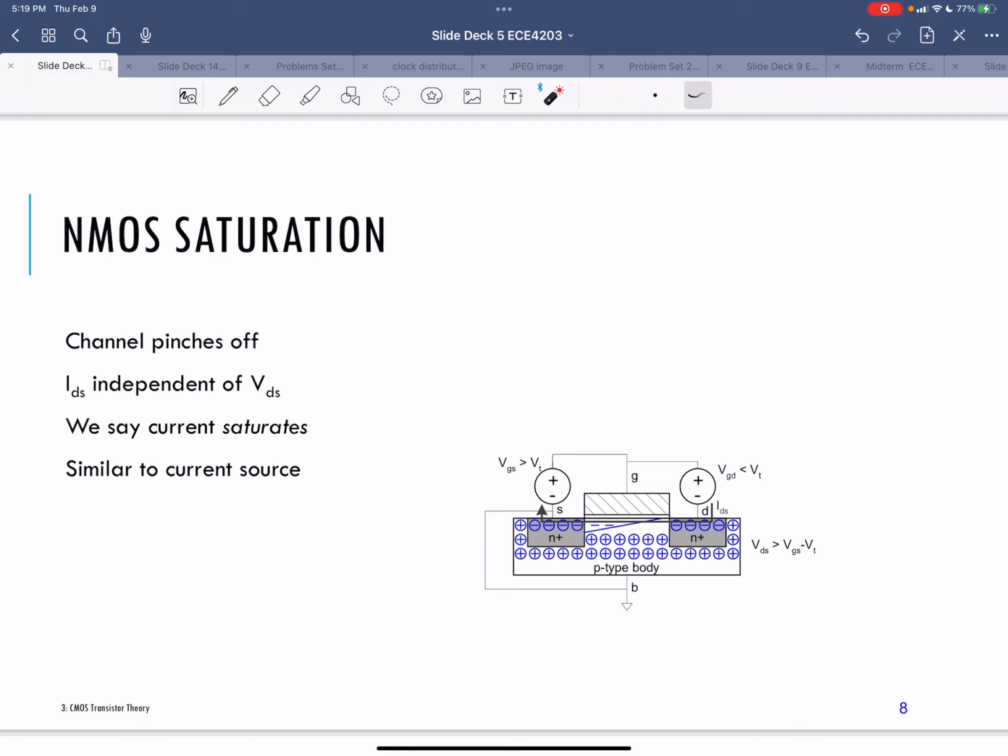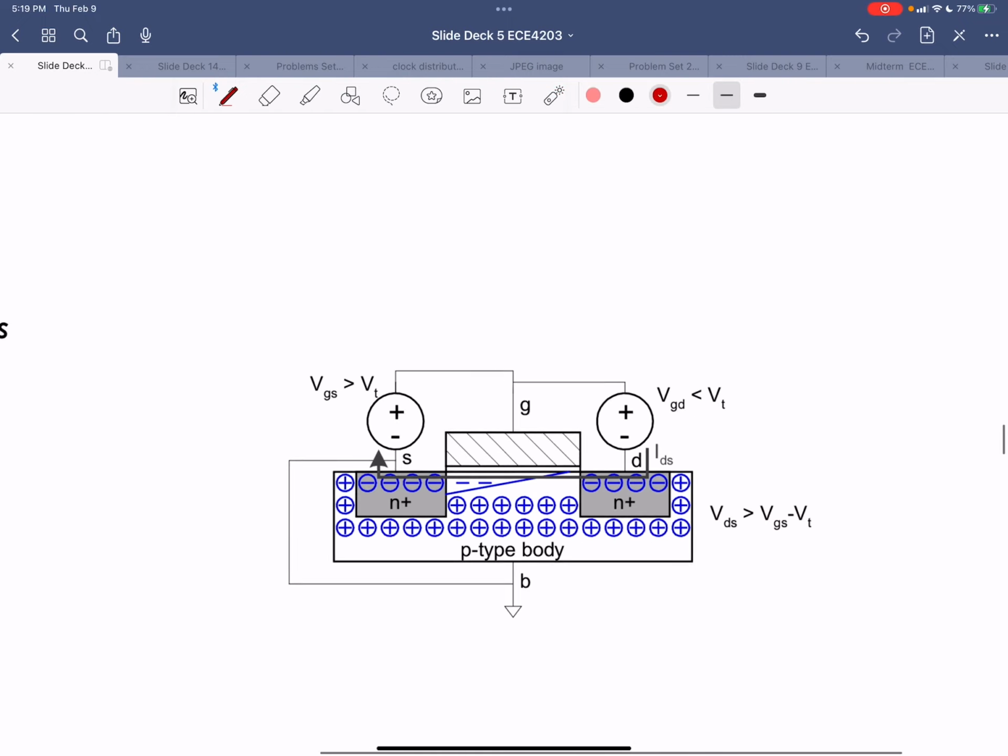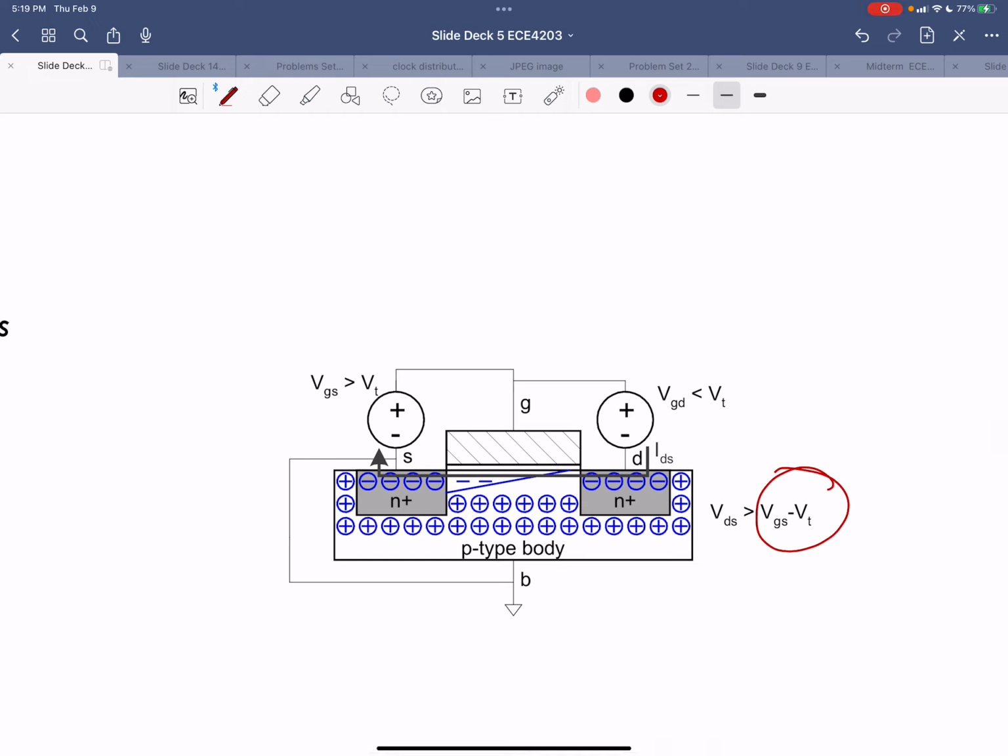What happens is as you increase the drain source voltage past a certain point, in our simple model, past the gate source voltage minus VT, the same threshold voltage that we talked about, you get an effect called pinch off of the channel, meaning that from that point on, as you increase the drain source voltage, you no longer get an increase in current.